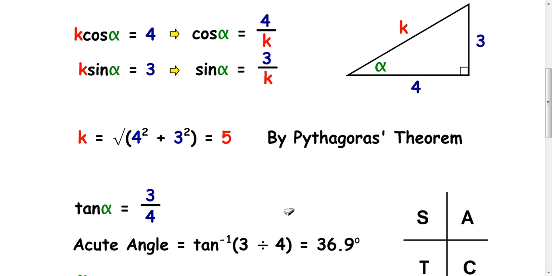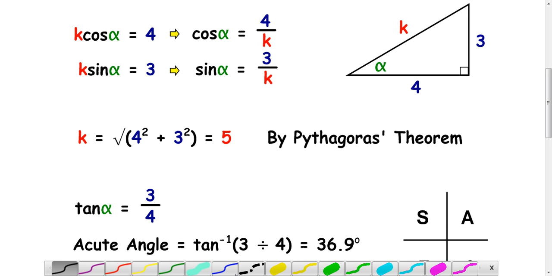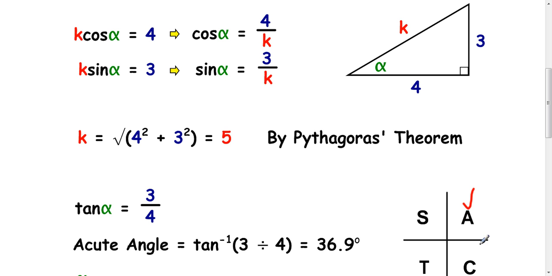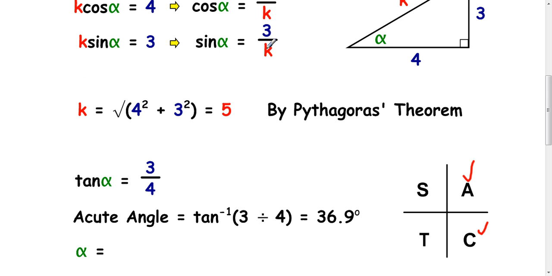Then we have to work out what quadrant alpha is in. The way to do that is to look at your cos and your sin. In this instance cos is positive, so you tick the places on your CAST diagram where cos is positive, that's there and there. And sin is also positive here, there's a plus 3 over k.